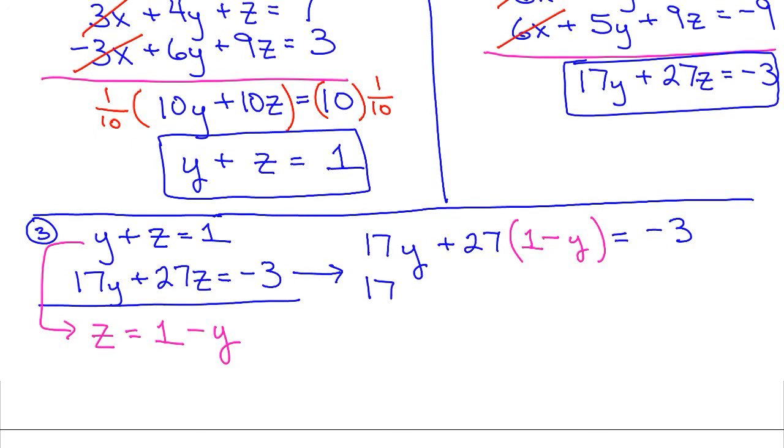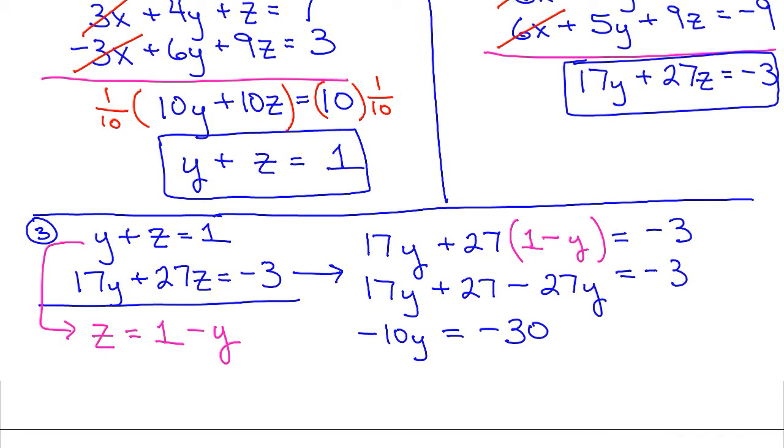Simplifying, I get 17y plus 27 minus 27y, since the 27 distributes, is equal to negative 3. Combining like terms, I get negative 10y is equal to negative 30. And then y is equal to 3. So that is one of the solutions that I need.